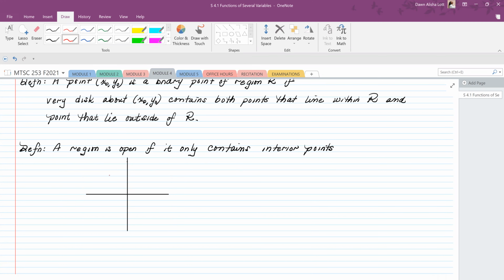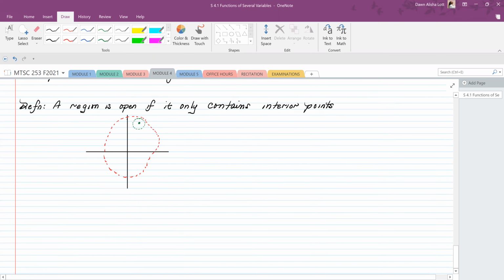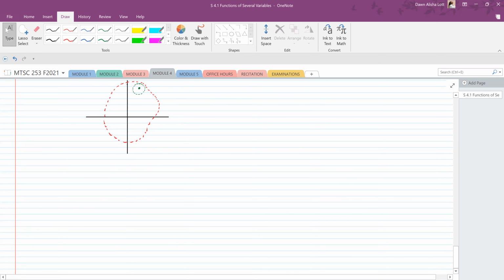So here's my region. That's my region. So any point I pick and draw something around it is still contained inside. And so it only contains interior points. Okay.